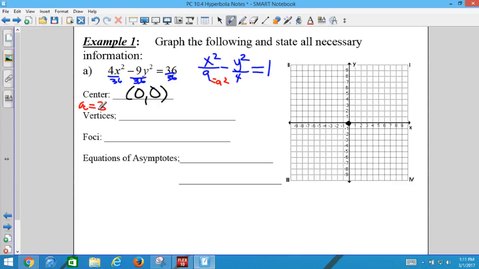And then you look and you see that the 9, the first thing, is under the x, so the 3 goes horizontally. We always go off of our center point, so we would take 0 plus or minus 3, comma 0. I'm going to simplify that: negative 3, 0, and 3, 0. You could also do it graphically. You start at the center and you go out 3 in both directions.